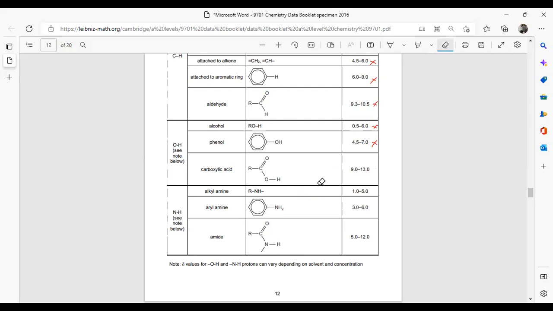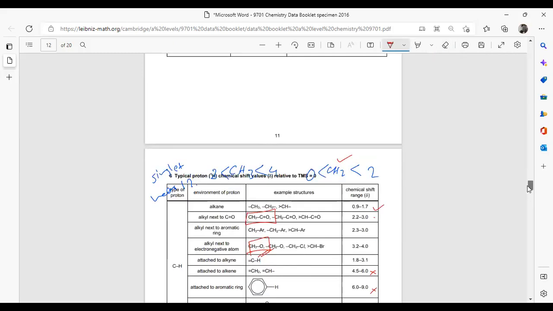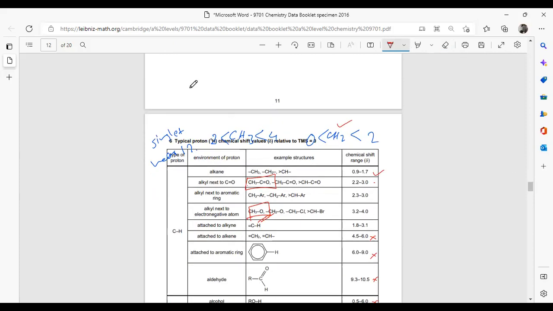So let's mark this one. It could be a possibility that it is a carboxylic acid. If that's the case, we must have a COOH group. Then we can assume we have a CH2 group and a COOH group. I'm trying to assume this for the possible logic, and there is a CH3 group.